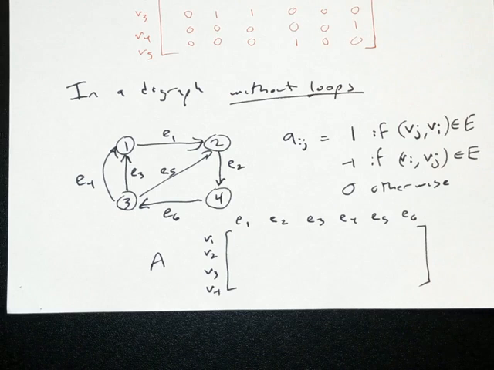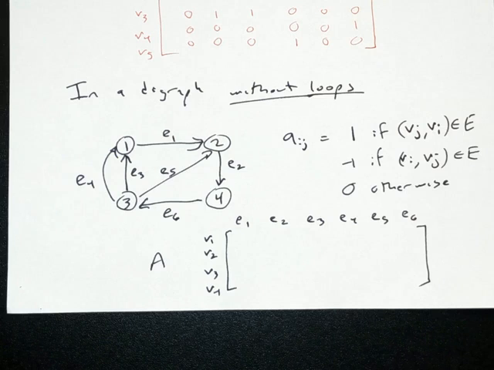Edge 1 goes out of vertex 1 into vertex 2 and doesn't touch vertex 3 or 4. Edge 2 goes out of vertex 2 and into vertex 4, doesn't touch 1 and 3.